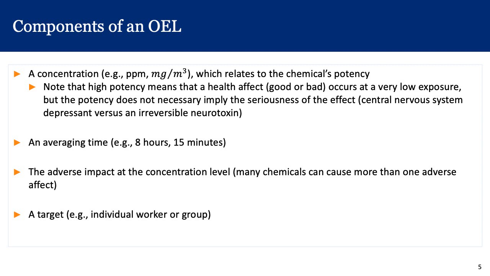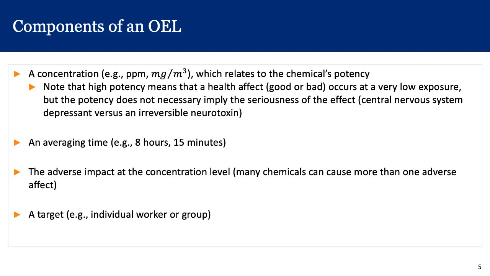So you could have a chemical that causes an effect at a very low level and acts as a central nervous system depressant, and you could have another one that at a very low level acts as an irreversible neurotoxin. So clearly the second one is more serious, but the OEL does not really differentiate between them. It just gives you a number that is low, and it says if you exceed this, there is a likelihood that the worker would suffer central nervous system depression or irreversible neurotoxicity.